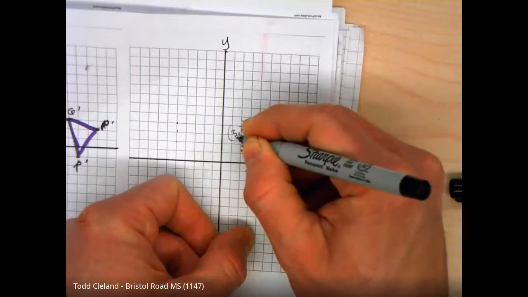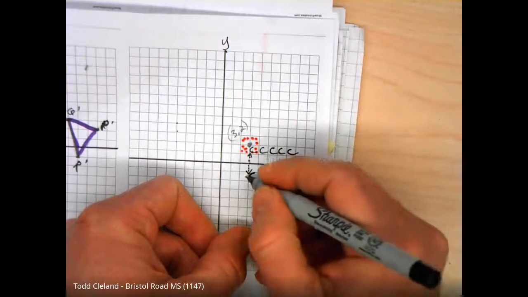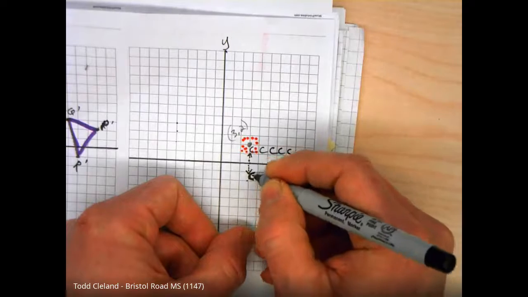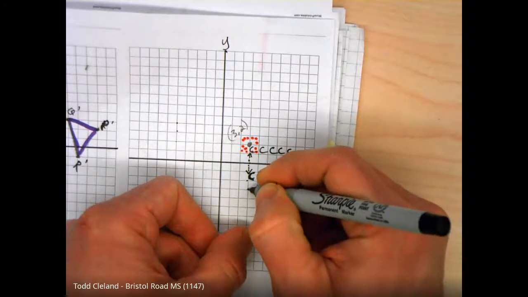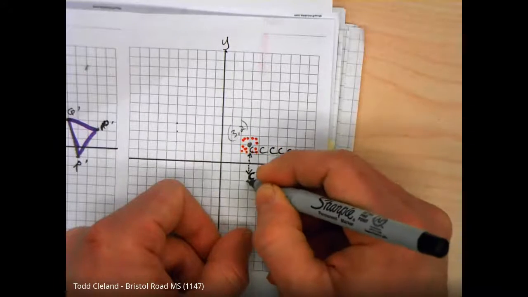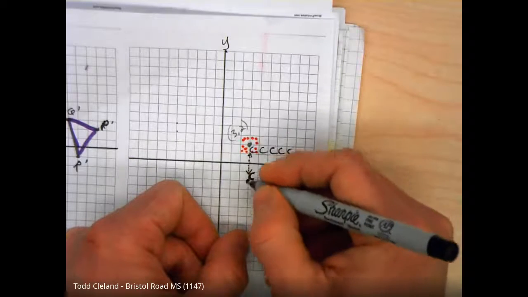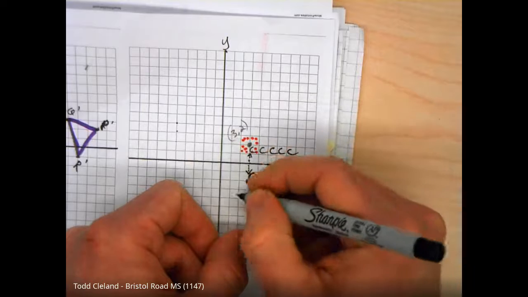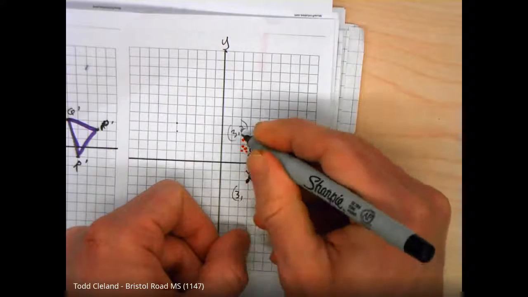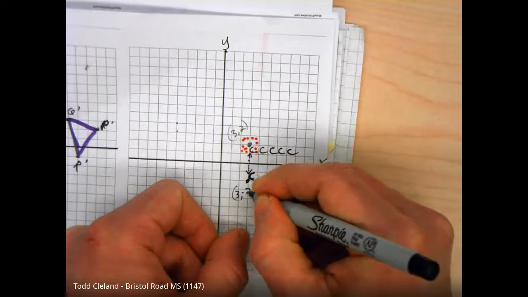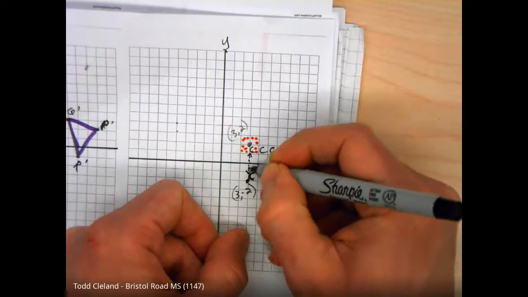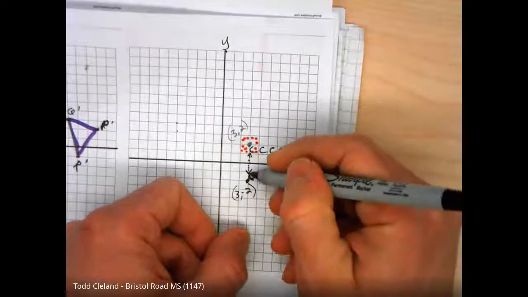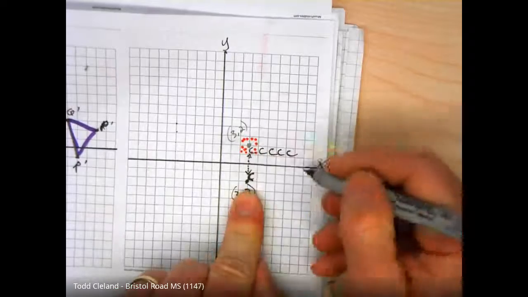If that was a 3, 2, then reflected across the x-axis, it would be down here, still a 3. The x doesn't change, but the y gets inverted to -2 because it's the same distance away, but in this case, down across that x-axis.